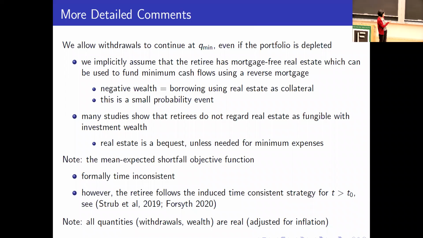Another question people might ask is that we measure the risk of running out of money using CVaR or expected shortfall, and then we're solving this dynamic optimal control problem. Some of you may know that this is not a time-consistent strategy, and it's a pre-commitment strategy. Our argument is that this is not a concern. Pre-commitment means you compute this strategy, but later on it may not be optimal according to your original formulation.